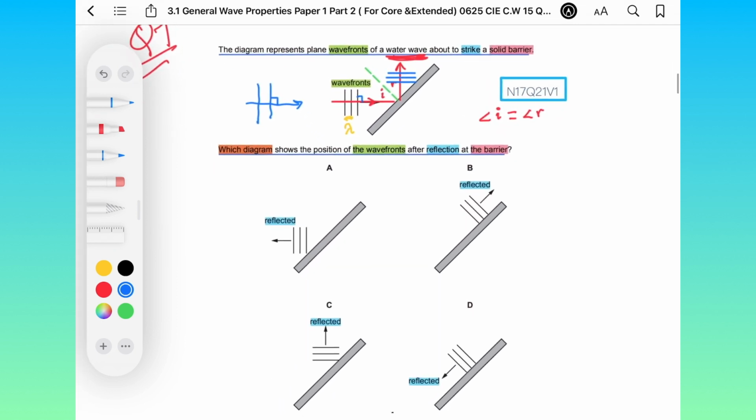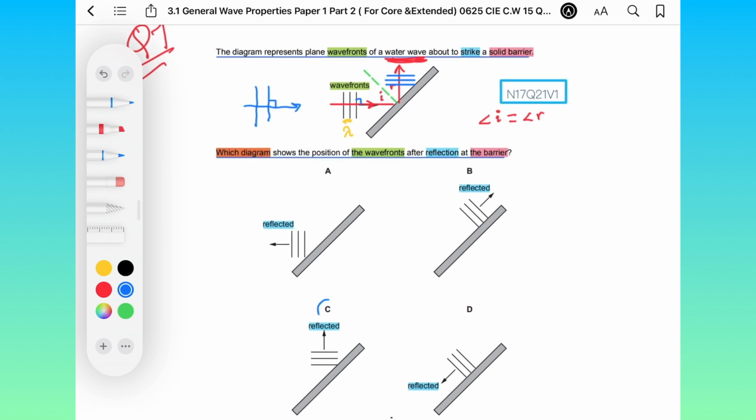So the correct answer here is C, because you have here the reflected water waves and you have here the wavefronts equally spaced. What happened here during reflection? Wavelength will be the same, unchanged. The speed will be also unchanged, and the frequency will be unchanged.